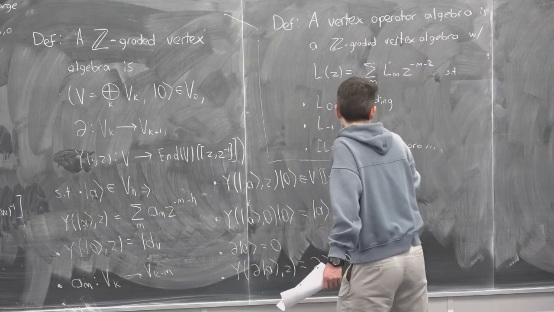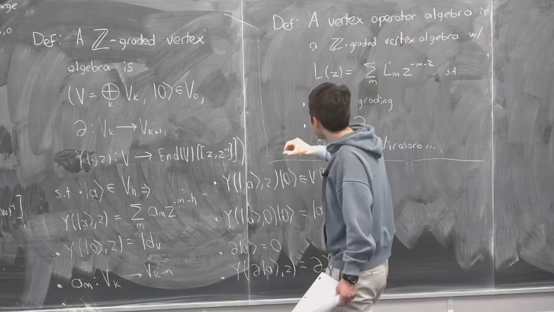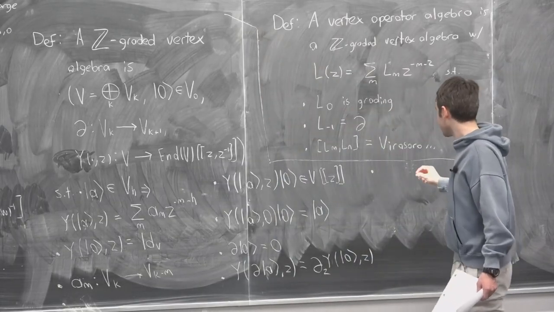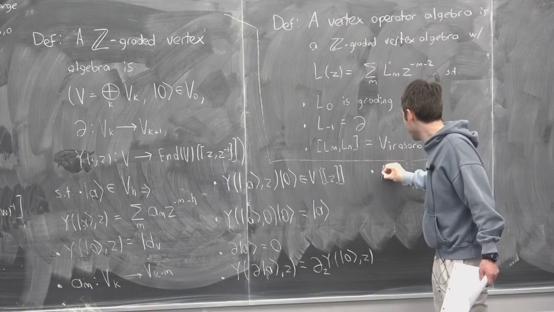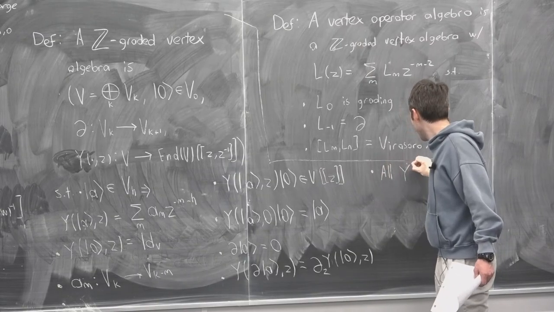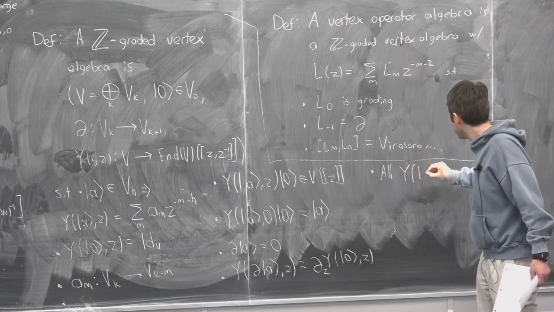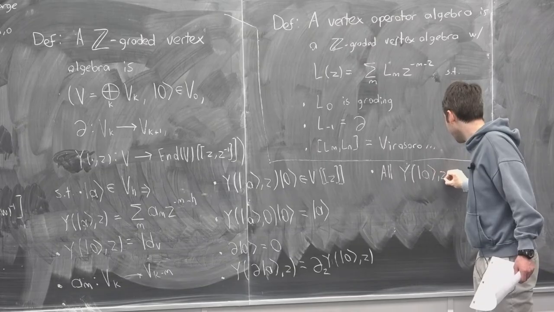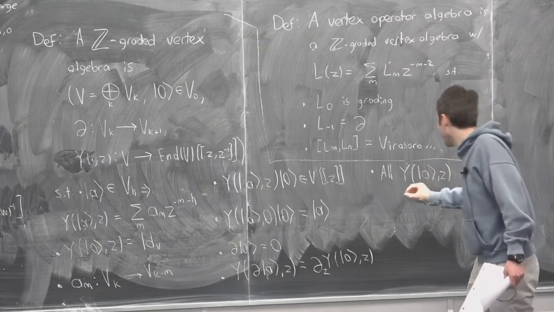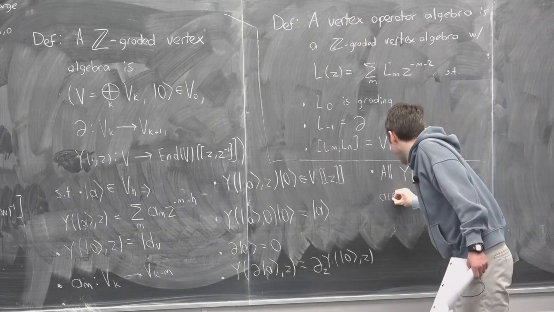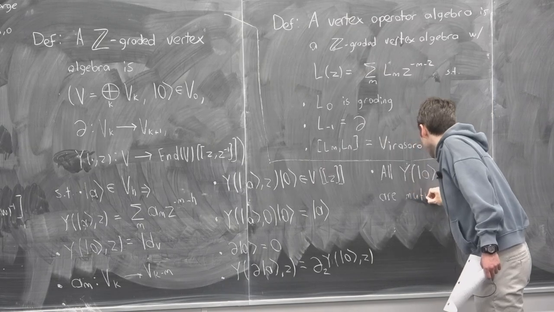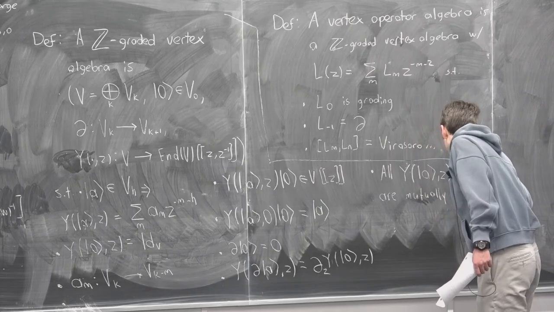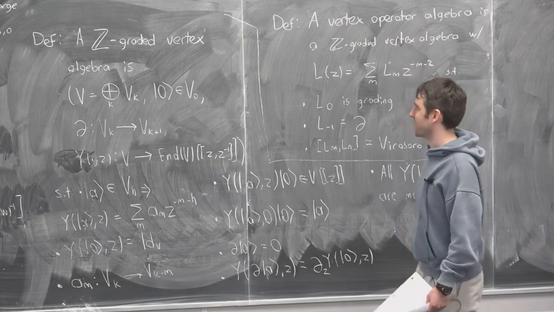You don't need to be in a vertex operator algebra to have this one. All of these fields that you can get by taking some state and acting with Y are mutually local. That's why it was a big deal to define that initially.